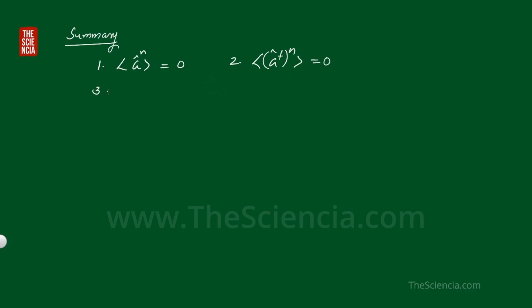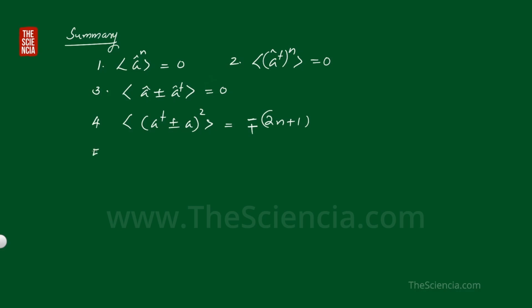And third one, expectation value of a plus or minus a dagger is equal to 0. Fourth one, expectation value of (a dagger plus or minus a) whole square is equal to 2n plus 1, but if it is plus, this will be plus, and if this is minus, this will be minus.